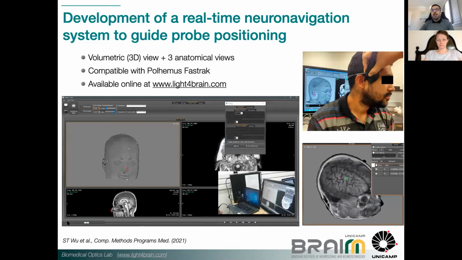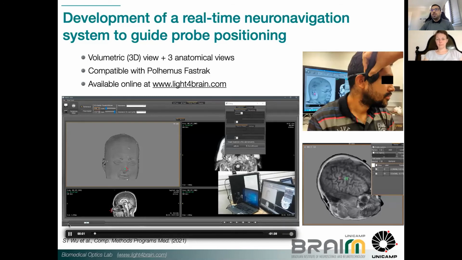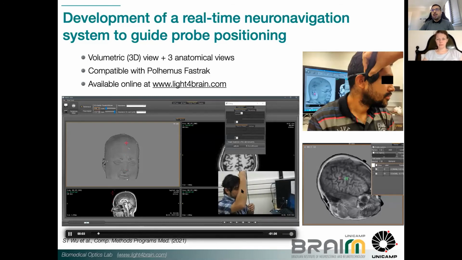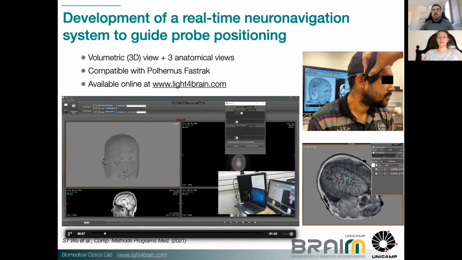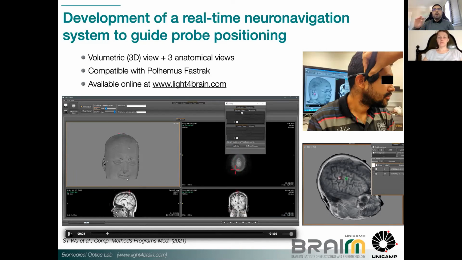And that's a movie where you can actually see how we see that. So in a very region, you have the digitizer. And as you move the digitizer, you can move the information, which is the red cross, and you can see in all 3 views, the coronal and the 3D volume, where your probe is, right?